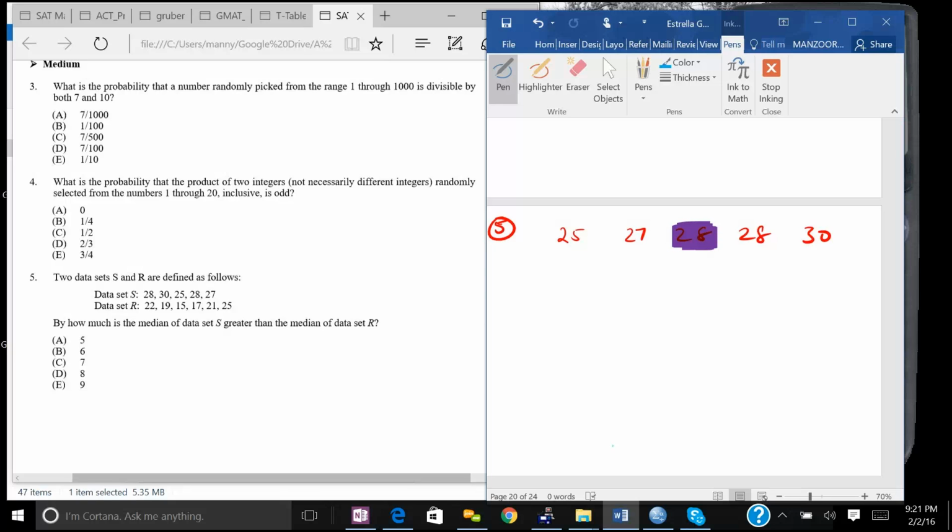So the other one, we have 6 numbers. So the middle one will be 19 and 21 divided by 2, right? Exactly. That's 20. So subtract it. It's 8. Yep. That's it.